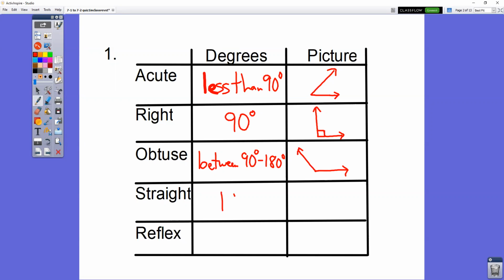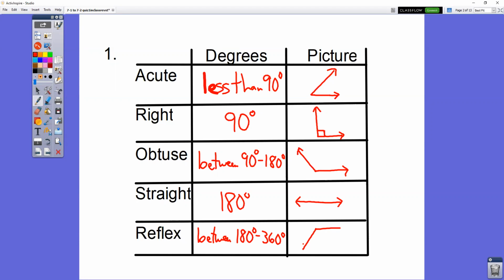A straight angle is exactly 180 degrees, not 179.9, not 180.1, but exactly 180. And a straight angle is just a straight line. A reflex angle is between 180 and 360. So 225, 315, anything like that.